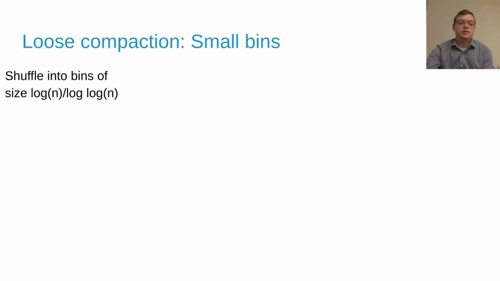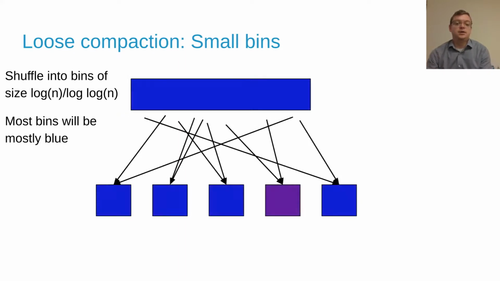So this is where we break up the loose area we want to loosely compact into very small bins, or relatively small bins of size log n over log log n. If you compute the probability here, most bins are going to be pretty blue.